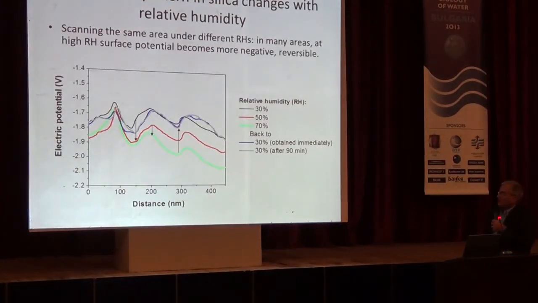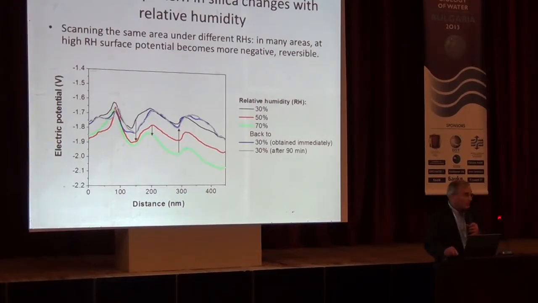And by looking at this, we observe that the electrostatic pattern in silica changes with relative humidity. The silica sample is grounded, shielded, but you see, starting at 30% relative humidity potential decreases, and when you go back, it increases again.